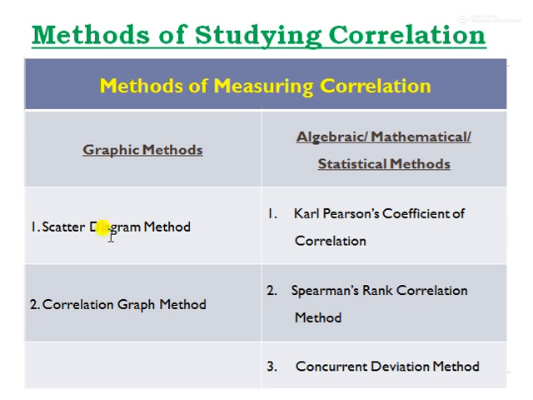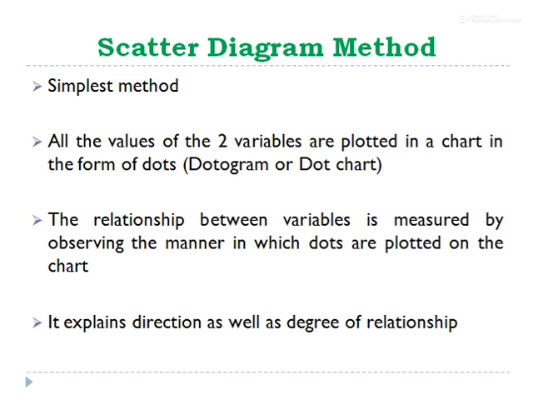One is scatter diagram method and the other is correlation graph method. Similarly, algebraic methods may be of three forms. One is Karl Pearson's coefficient of correlation, second is Spearman's rank correlation method, and the third one is concurrent deviation method. Now let us see the first graphic method, that is scatter diagram method.